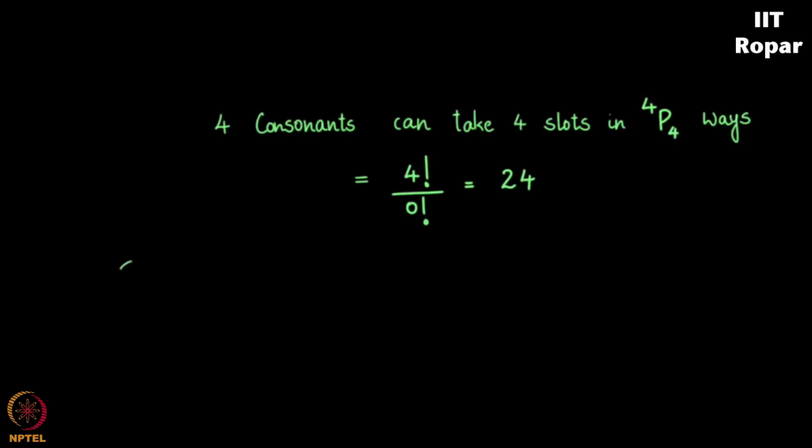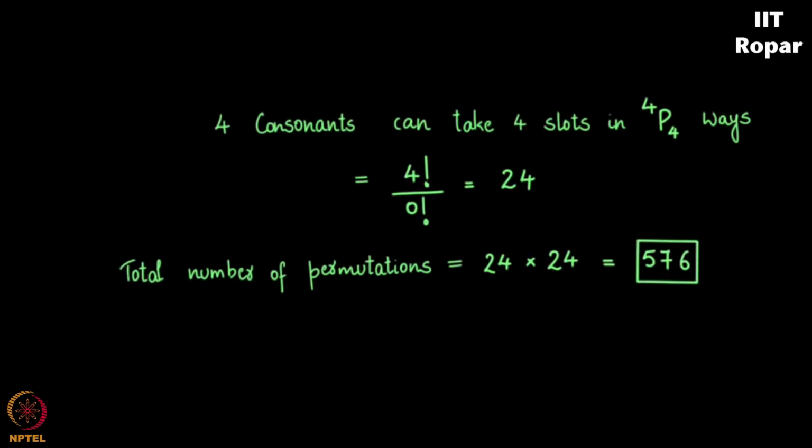So the total number of permutations which are possible is 24 into 24, and this goes by the rule of product because we want both that the vowels should take the odd places and the consonants taking the rest of the places. So both these events should occur, and we have 24 possibilities for each of them, and hence the total number of permutations are 24 into 24, which comes up to be 576.